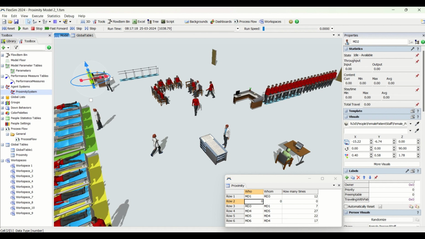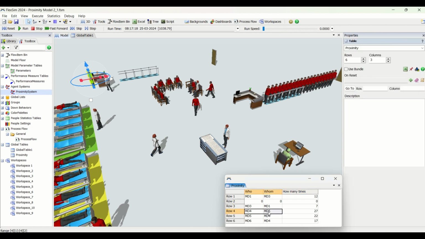So this receptionist is not going to get ill, but MD4 and MD5 are going to get ill, because they have a lot of interactions with each other in the hospital area.